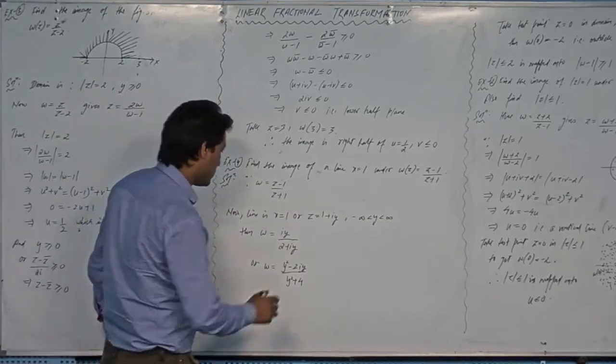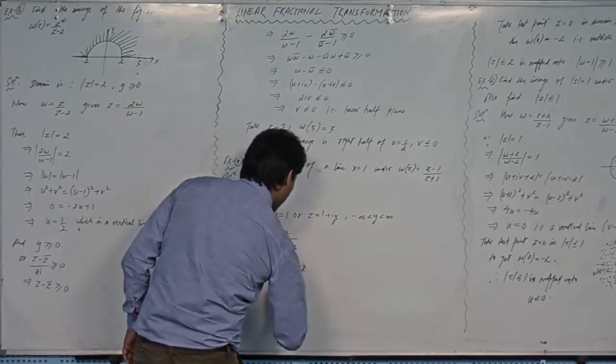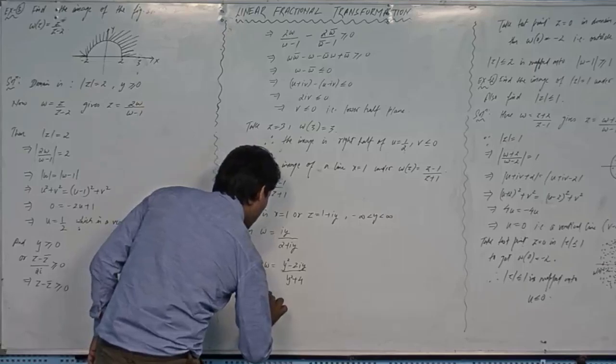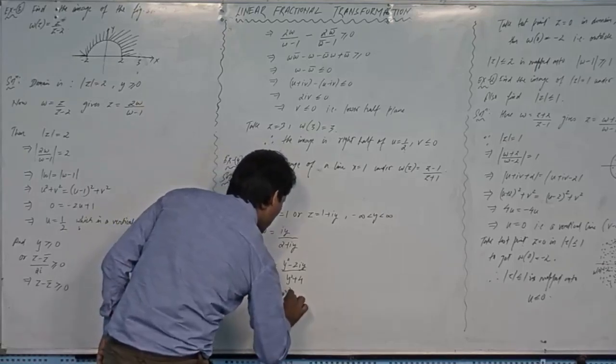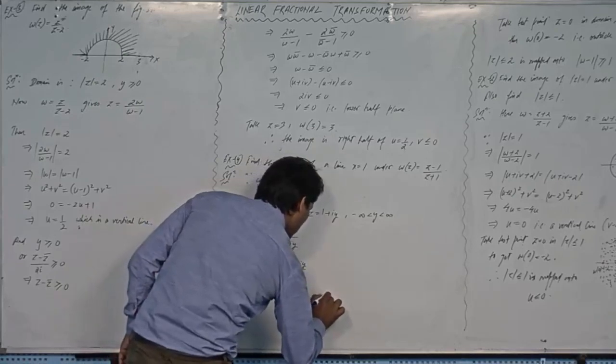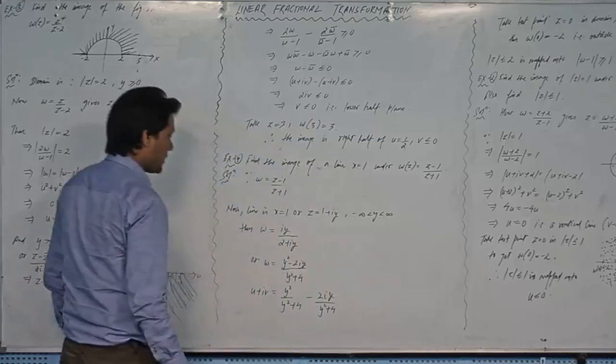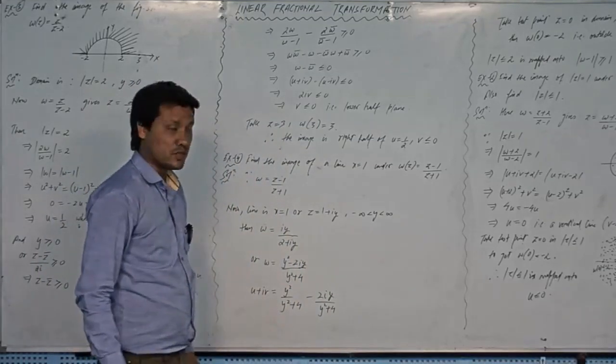On writing it as u plus iota v equal to y square over y square plus 4 minus twice iota y over y square plus 4, now I will equate the real and imaginary parts.